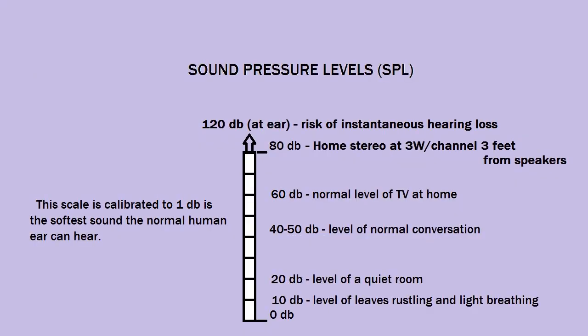Now there is an absolute acoustic dB scale that is used occasionally, particularly with sound pressure level meters. And in that scale, the reference level is 1 dB, which is the softest sound the human ear can perceive. And that is also the minimum difference that the human ear can perceive as you go up the scale.